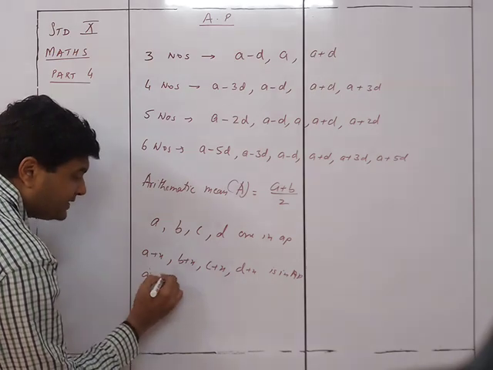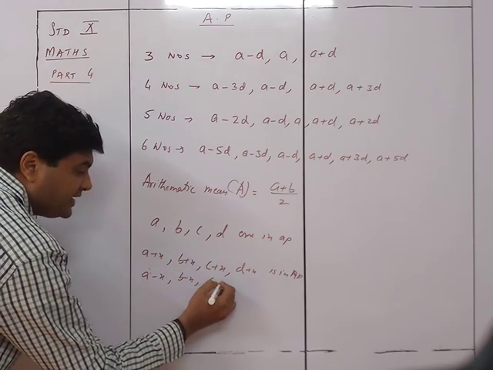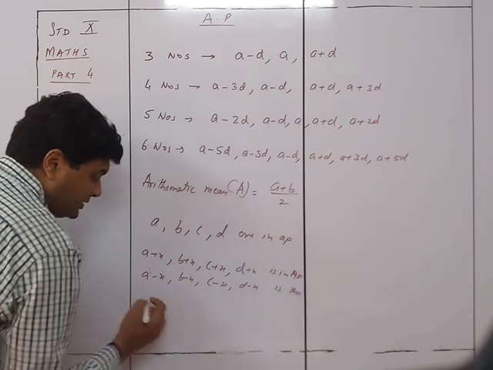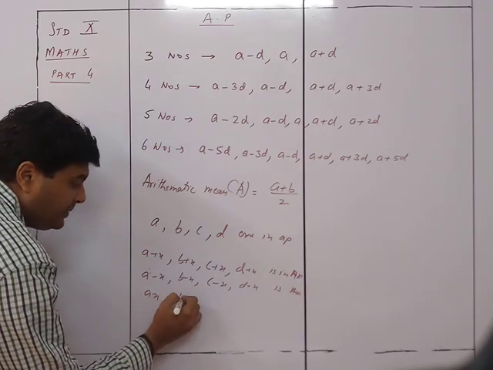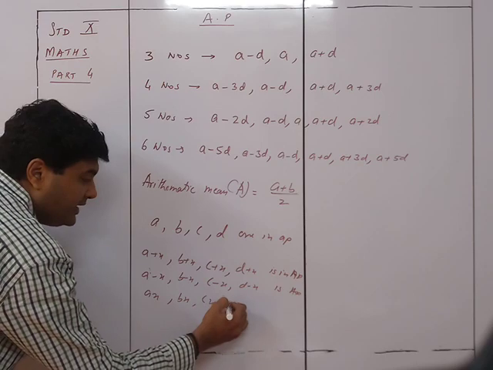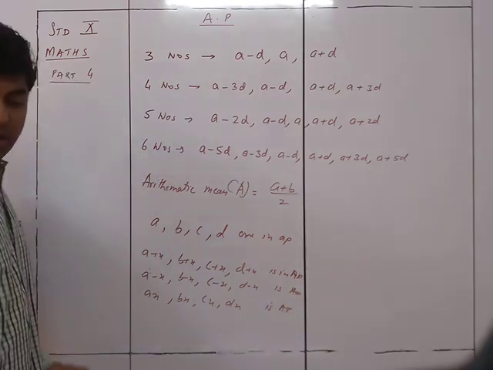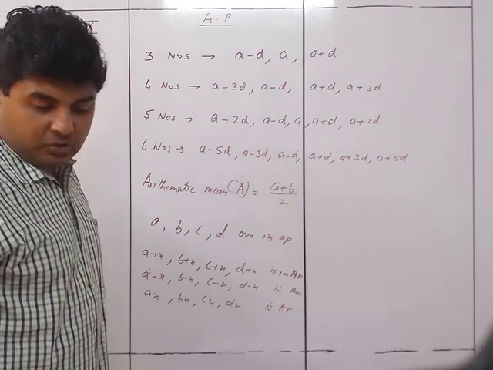Similarly, A minus X, B minus X, C minus X, D minus X is in AP. Also AX, BX, CX, DX is in AP. That means multiplication also gives AP, and also division.